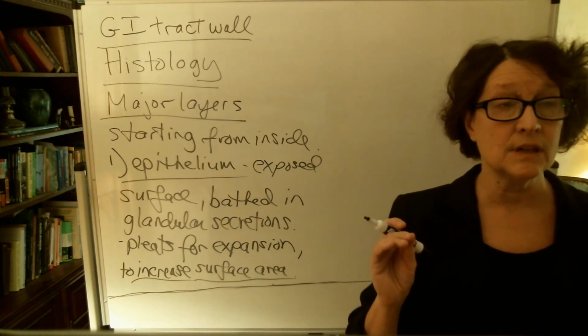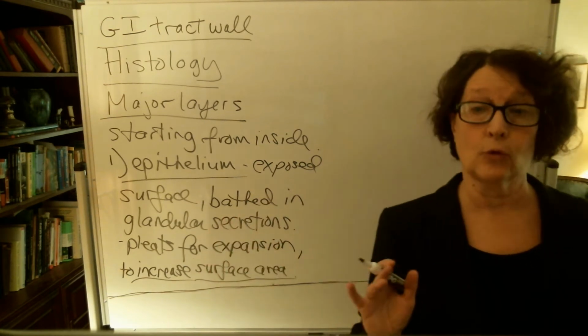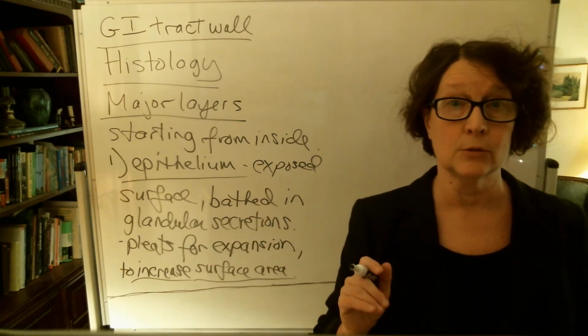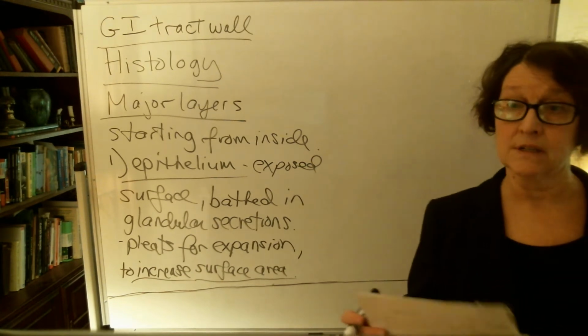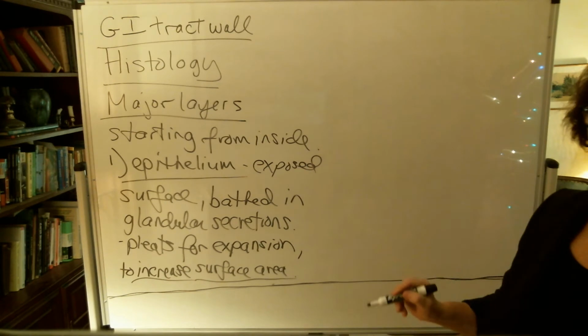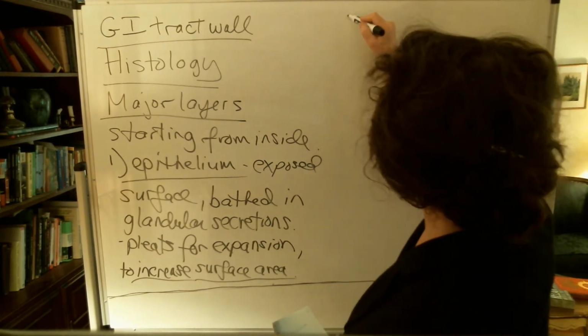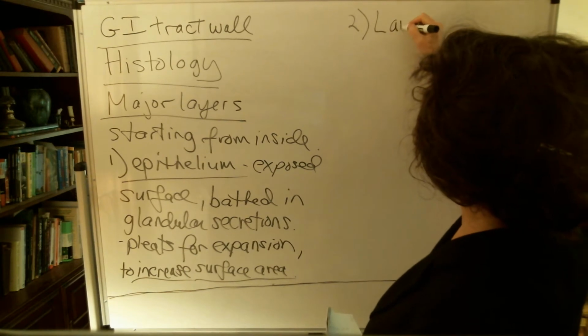So as a result, a lot of times in physiology, the reason for folds and the like is going to be to increase surface area. In this case, the surface area, for instance, for absorption. So that's layer one.